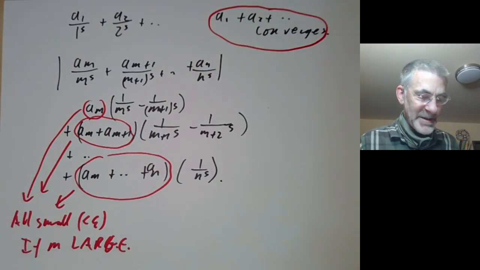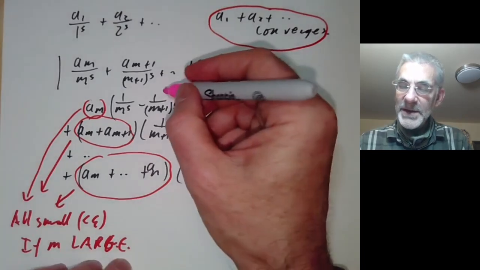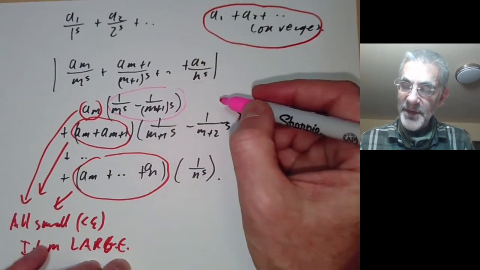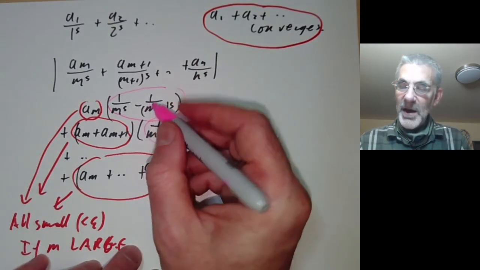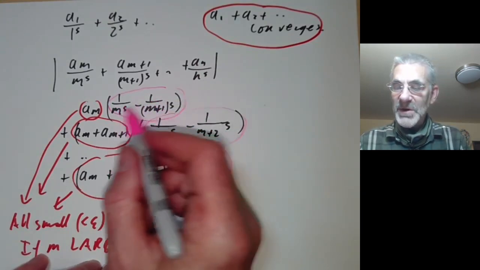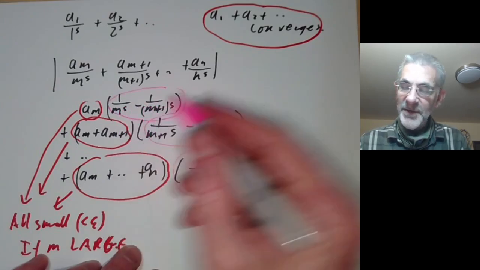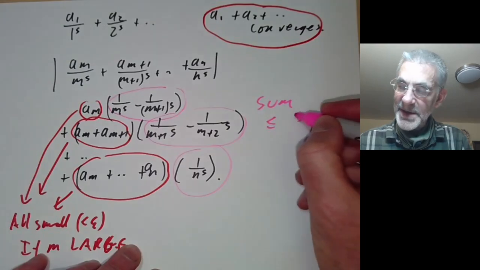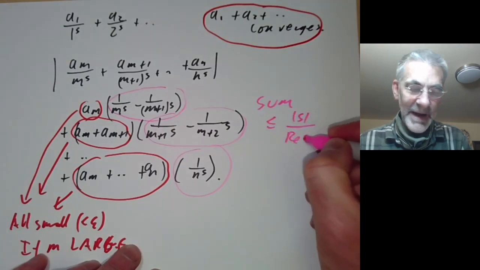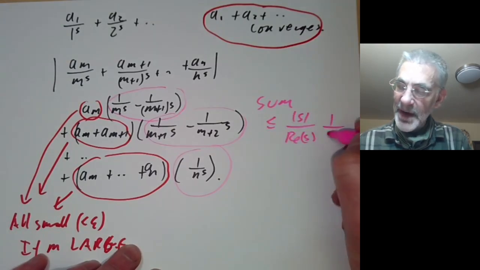On the other hand, we can get a good upper bound for the sum of all these terms, because we found an upper bound for the absolute value of this on the previous sheet, and if we add them all up, the sum of these is going to be less than or equal to s over the real part of s times 1 over m to the s in absolute value.